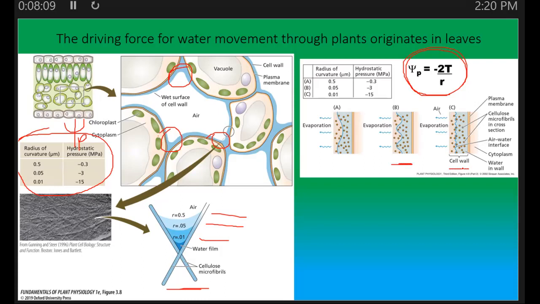And the end result of that is you get this really strong tension, which is negative pressure. So basically what you see in the soil, when the plant starts taking up water from the soil, and we talked about that tension gradient, that's what we see happening in the plant too, in the xylem. And it's all starting up in the leaves.